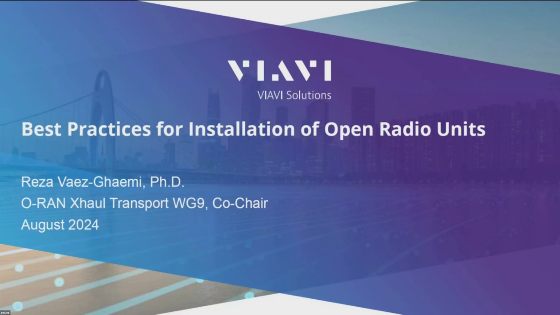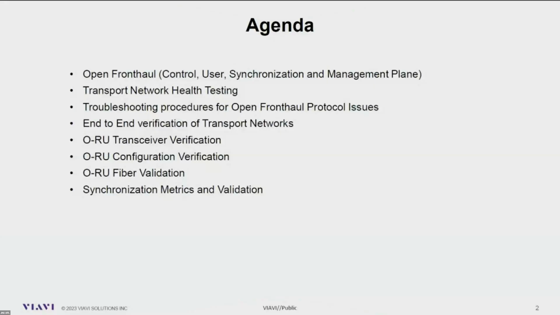First, a brief intro into open front haul, a little bit of detail of what it is, and then different test applications that can help providers, wireless operators, but also vendors verify different aspects of open radios. So let's get started.